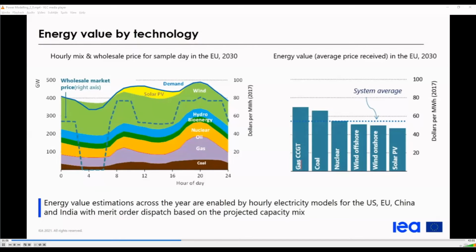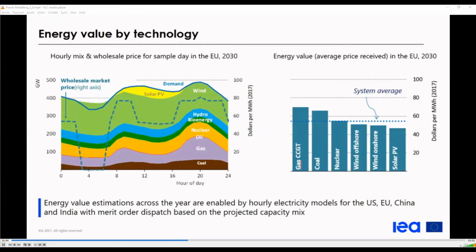That's basically the idea of the energy value for each region for which we have hourly models. So this is the United States, the European Union, China, and India. We derive from hourly operations the annual energy value for each technology. And we do this for every year projected in our outlook and for all our scenarios. So from this hourly information, we can derive also the capacity value, so the contribution to system adequacy.